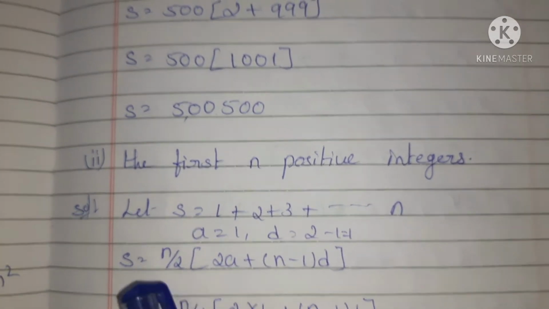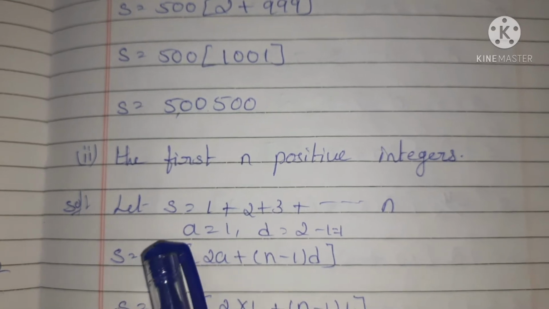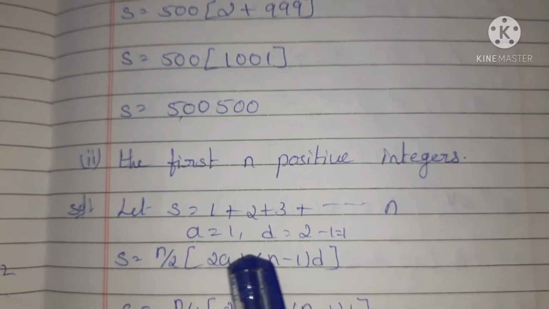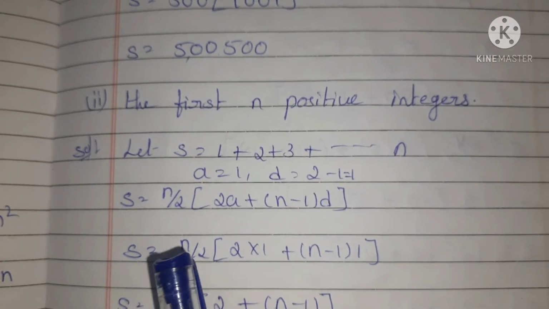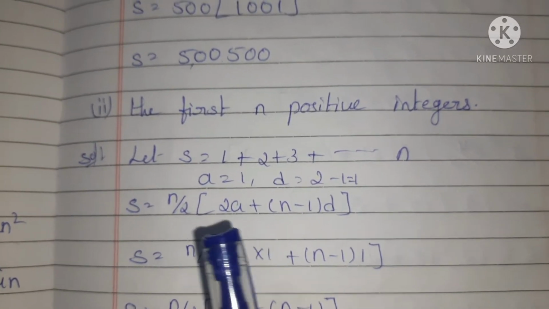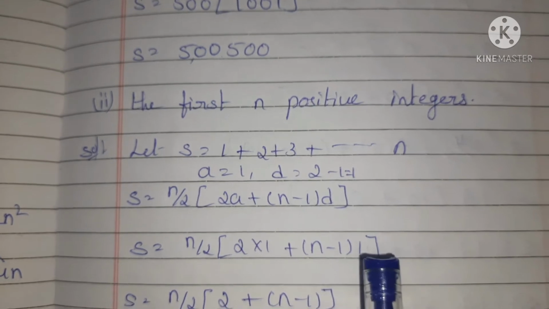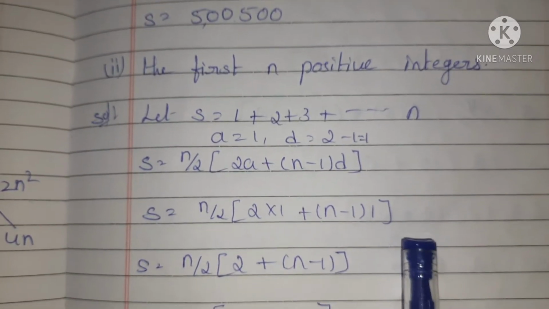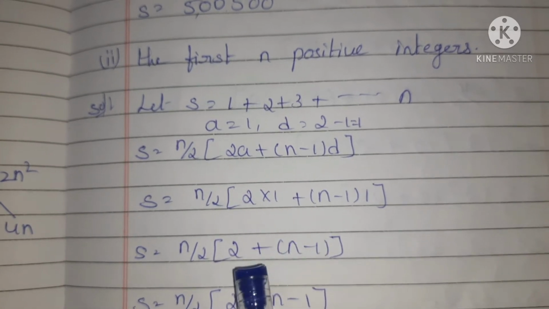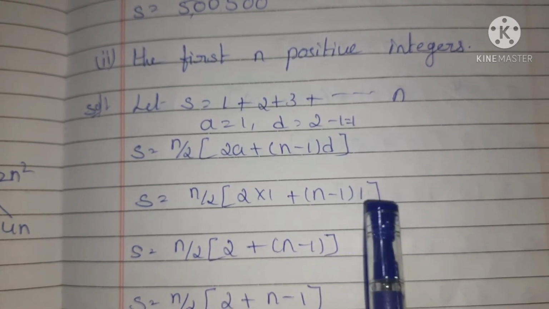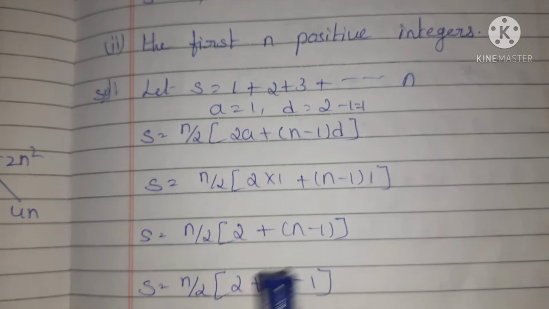Okay, now S is equal to n by 2 into 2a plus n minus 1 into d. Now S is equal to n by 2 into a value is 1, 2 ones are 2, plus n minus 1 into d value is 1, which is n minus 1.